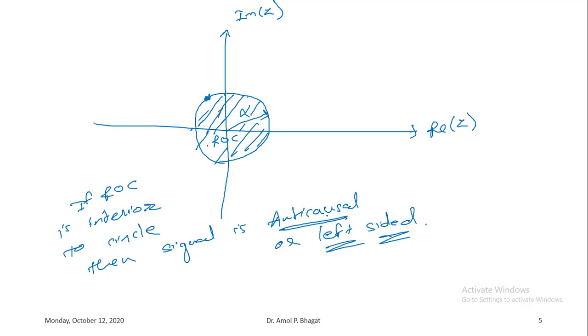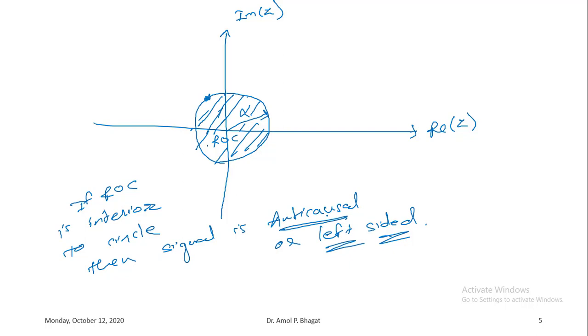So there is a third terminology, which is called anti-causal. So there are three different categories: first is causal, second is non-causal, and third is anti-causal. In the case of a non-causal signal, there may be some part of a causal signal present, right?